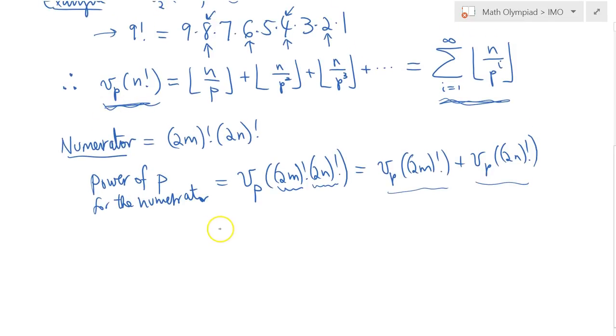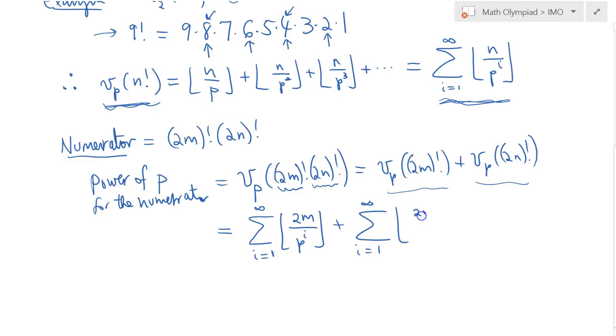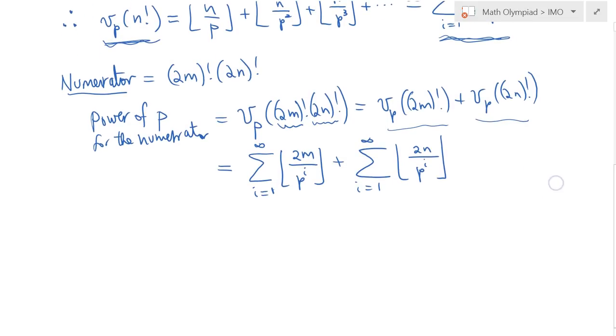So this is simply equal to the summation, for the first part, i equals from 1 to infinity, of the floor of 2m over p to the i, plus, again, summation i equals from 1 to infinity of the floor of 2n divided by p to the power i. And we can do the same thing for the denominator.